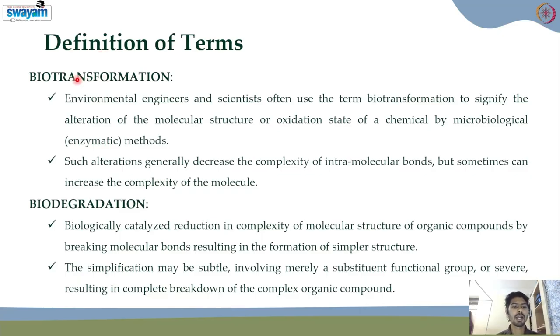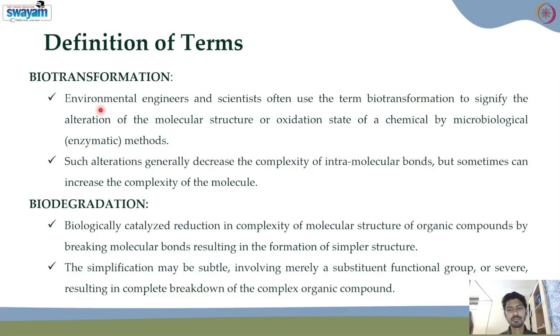That is, the microorganism first will consume this organic compound and oxidize it into CO2 and H2O. This we call biotransformation. That is, they try to reduce the complexity of the organic compound so that the chemical structure has been completely changed or reduced to a non-toxic form.